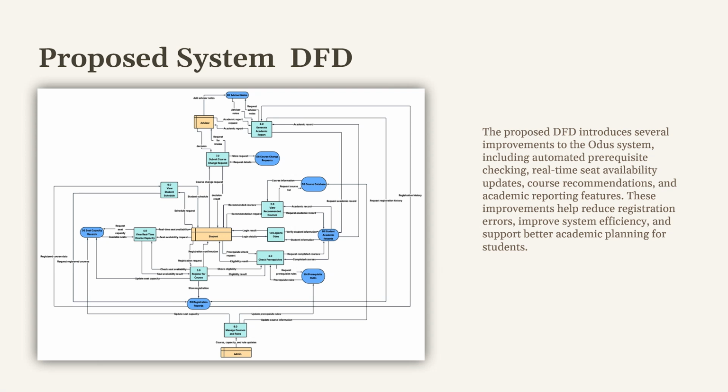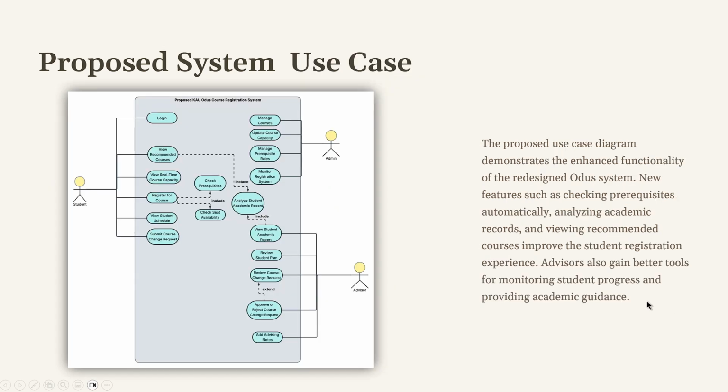Moving on to the next slide, which is the proposed system use case. This slide shows the proposed use case diagram. The main actors are still the same, which are student, advisor, and admin. The student can use new features such as viewing recommended courses, checking prerequisites, checking seat availability, and registering for courses.